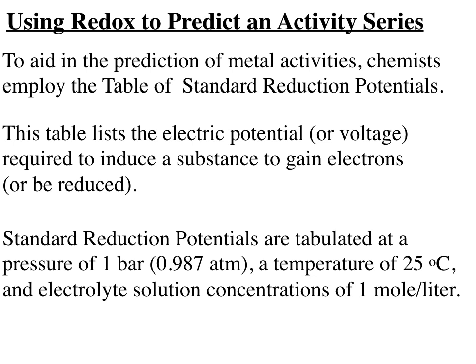The standard conditions where we measure the potential for a material to gain electrons are 1 bar pressure, which is very close to an atmosphere, it's 0.987 atmospheres in fact, and a temperature of 25 degrees C. So these are essentially laboratory conditions.